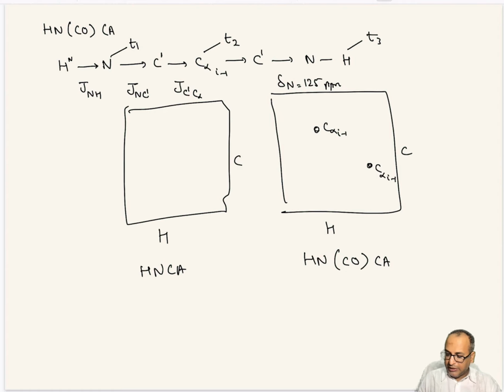Now the bracket is used because the magnetization is transferred via carbonyl, but the carbonyl is not frequency labeled. It is used only to transfer, with no chemical shift labeling.